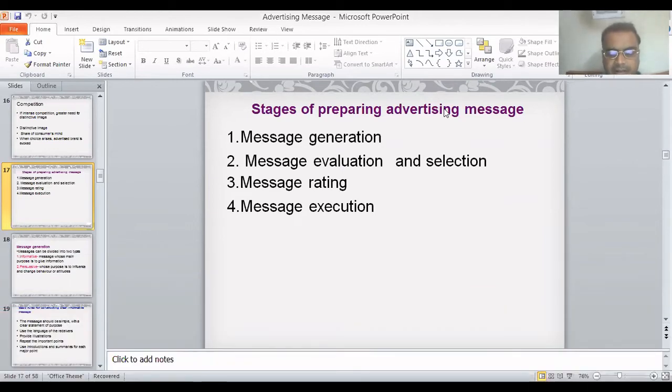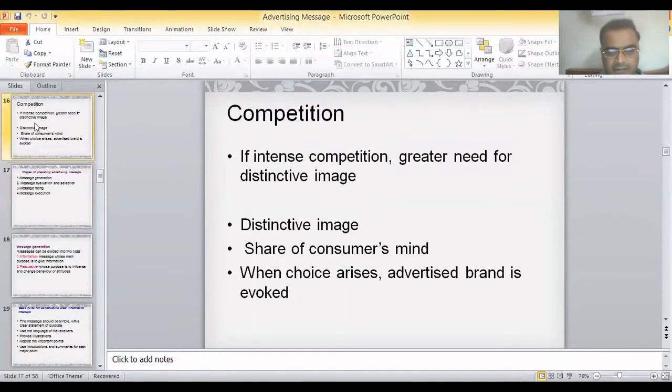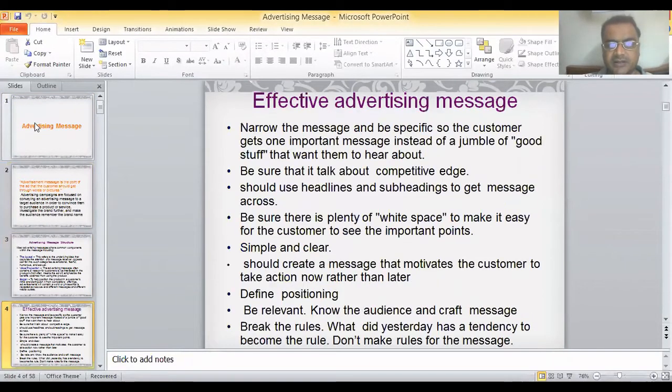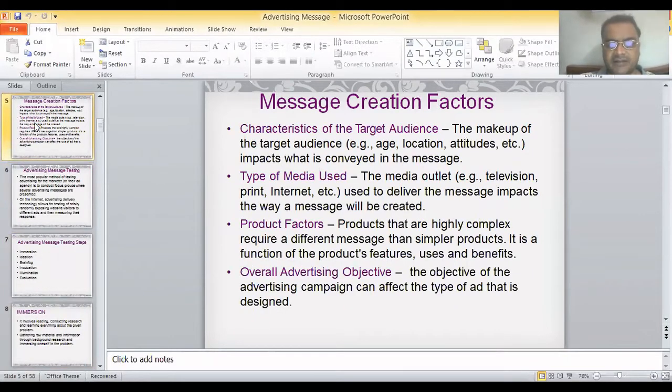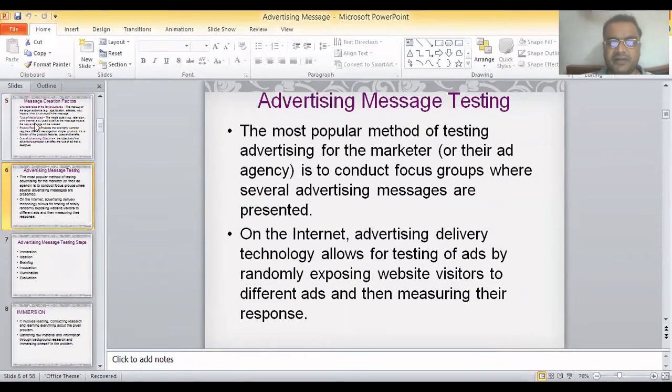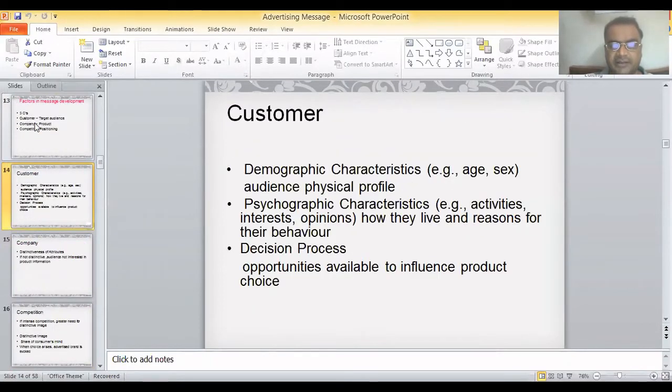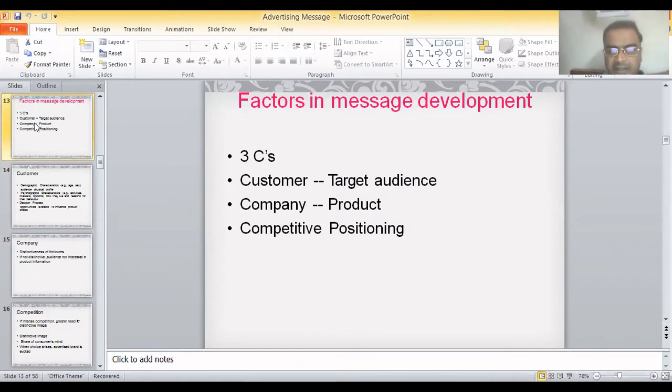In the last lecture, we looked at some aspects of the advertising message: the definition, the structure, how to make an effective advertising message, the factors involved in the creation of an advertising message, the message testing, the various steps involved in message testing, and then the factors in message development, the three C's of message development.